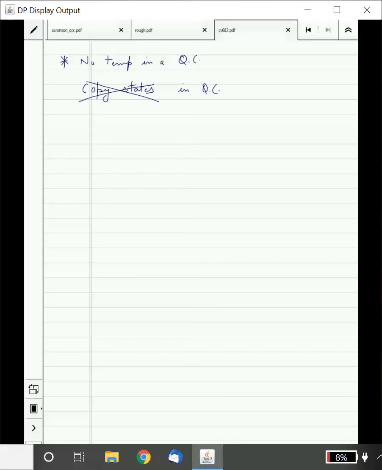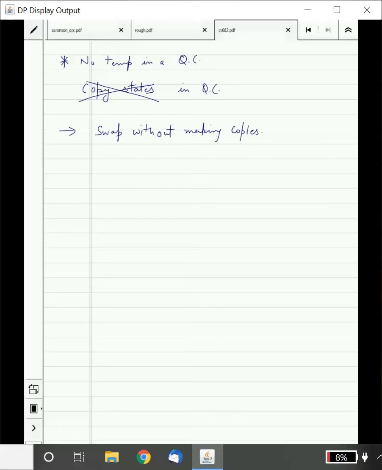Another trick will allow this. What do we want to do? We want to swap without making copies. Because we can't make copies in a quantum computer, the task is to swap classically, and in that case we cannot use the temporary variable.